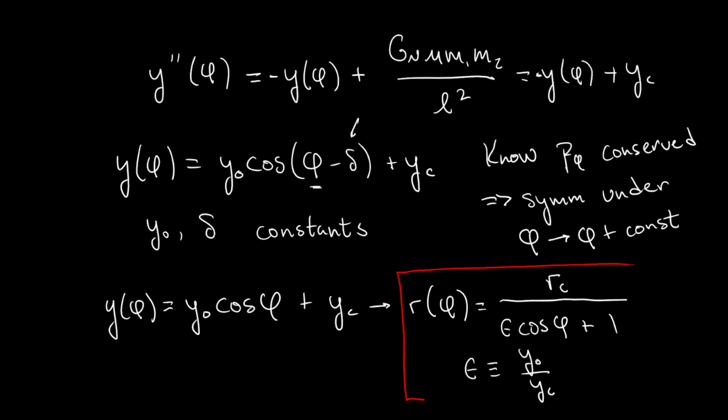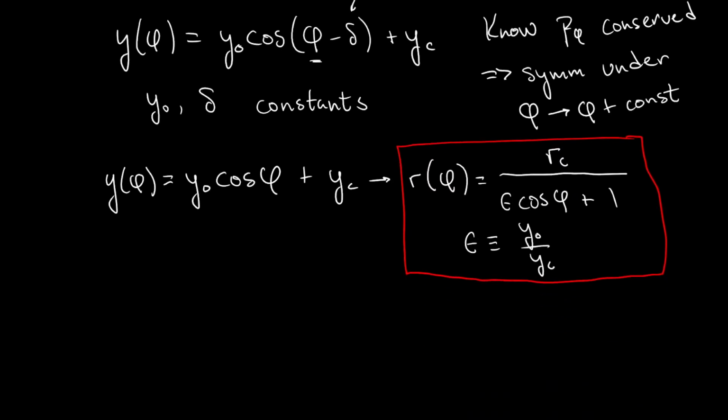So this is our solution for r in terms of phi. Hopefully the steps made sense. Like I said, this last step is just replacing y equals 1 over r, inverting everything, and then shuffling around constants.